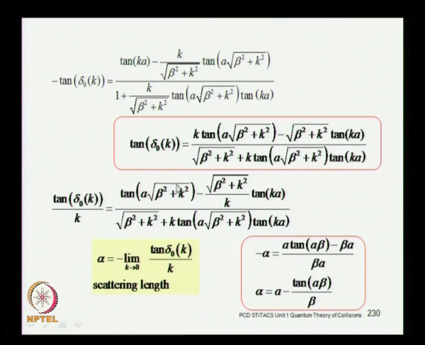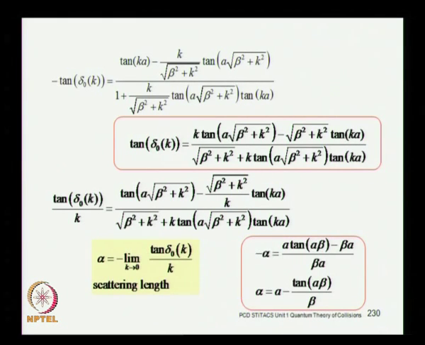So, this first term becomes tangent of a root beta, the second term becomes minus of this root beta square plus k square over k, which in the limit k going to 0 will become beta a, because you have got a tan k a over here which goes to k a in the limit k going to 0.